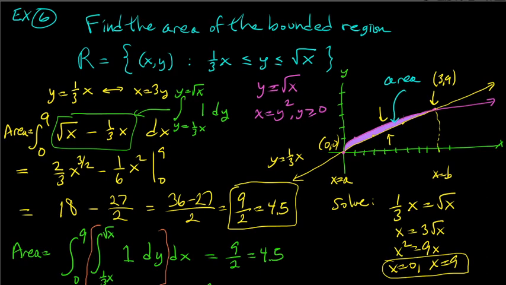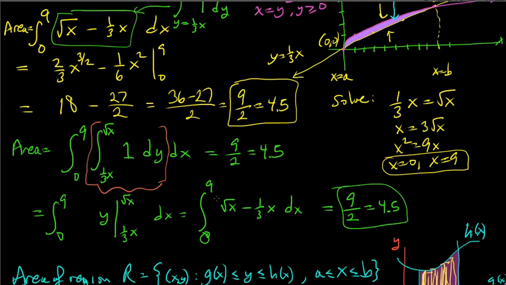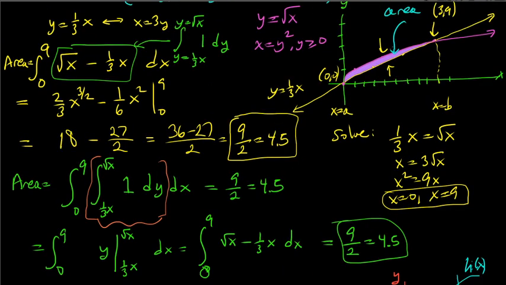So this example up here, we did dy then dx, so we used a vertically simple region. We used vertical rectangles here. Very, very short ones, but they're rectangles. But we could have just as well thought of this as a horizontally simple region.